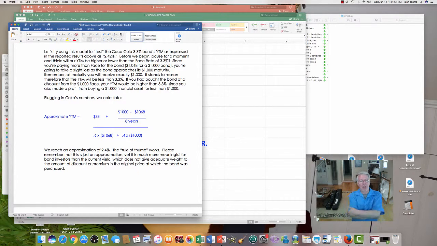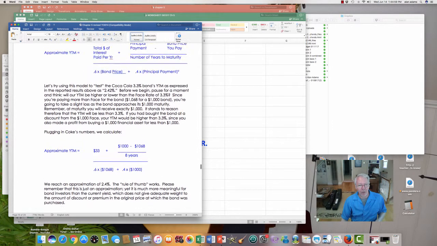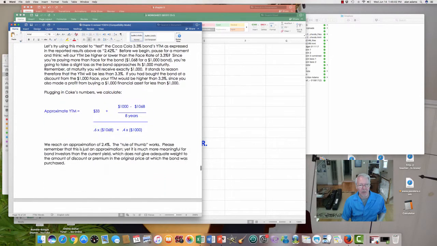So I plug the numbers into this formula on page 113. First of all, we take the amount of interest you will receive for one $1,000 bond for this Coca-Cola issue. That is $33 a year. It's a 3.3% bond. We add to that a fraction.